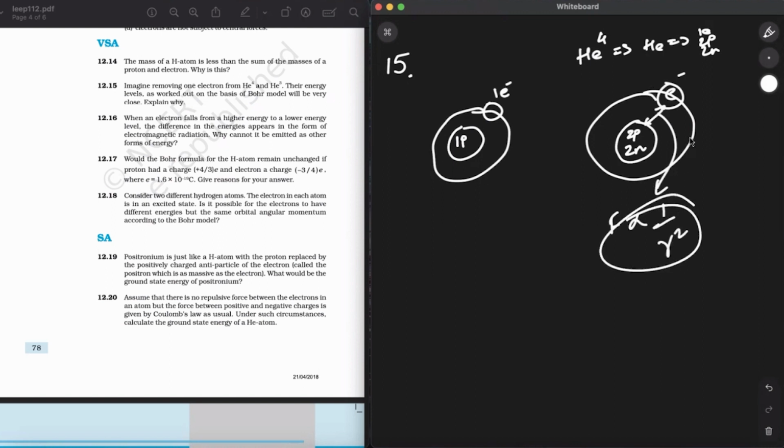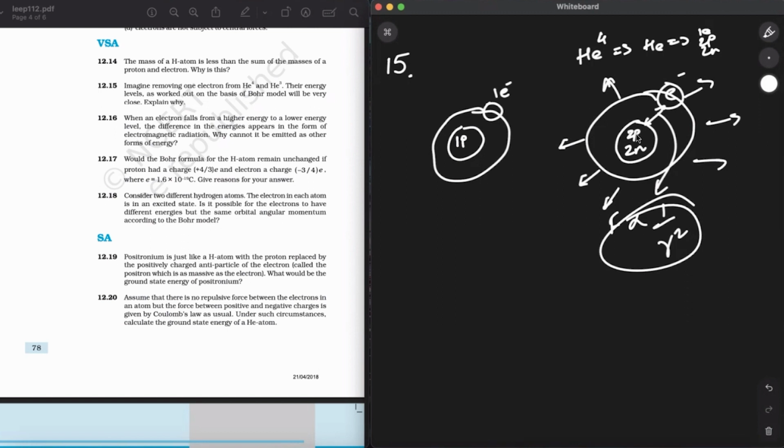So if there are many electrons around the nucleus, then due to electronic repulsion, they start to move away from each other, and this also causes them to move away from the nucleus. And when this happens, it will weaken the electrostatic pull that the nucleus is putting on the electron.